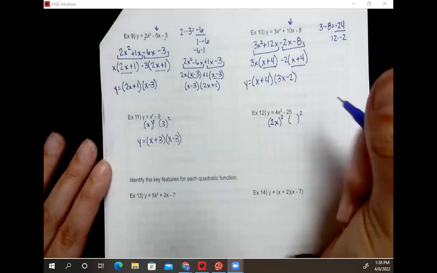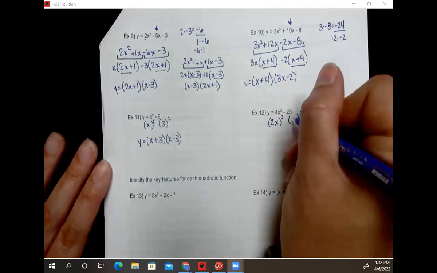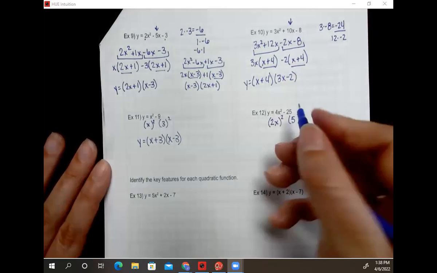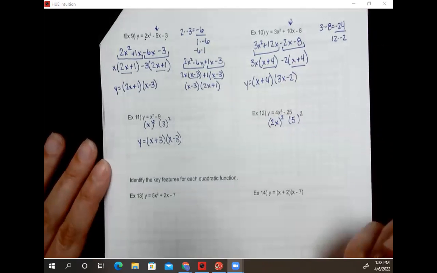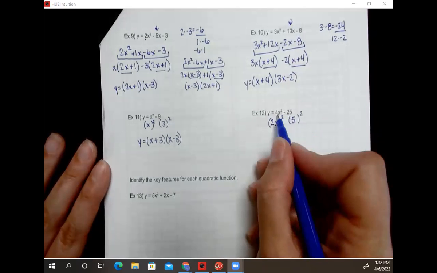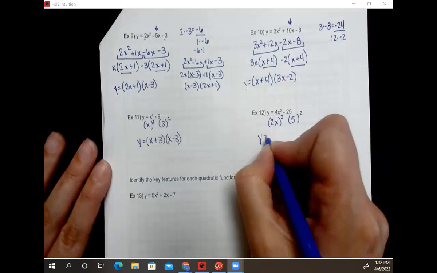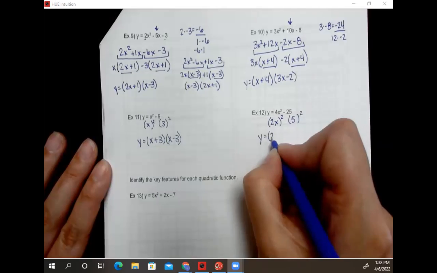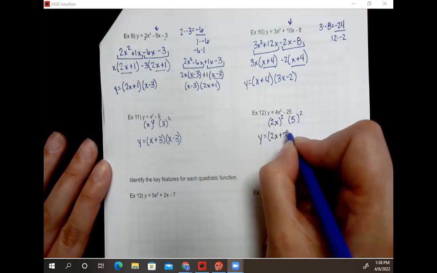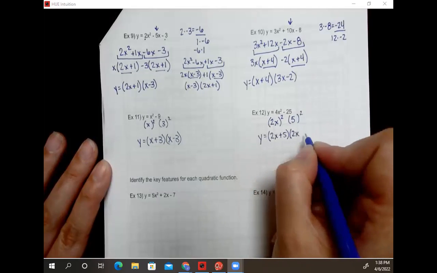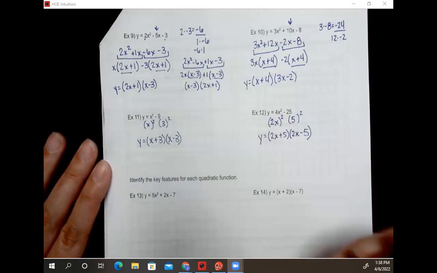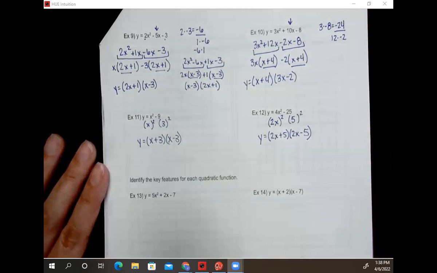X. What do I square to get 25? 5. Okay. If you want to tackle this as 4x squared, that's fine too. I know for a lot of us, it's helpful to do the number and then the x. So then my factored form here using our difference of squares pattern would be 2x plus 5 times 2x minus 5.